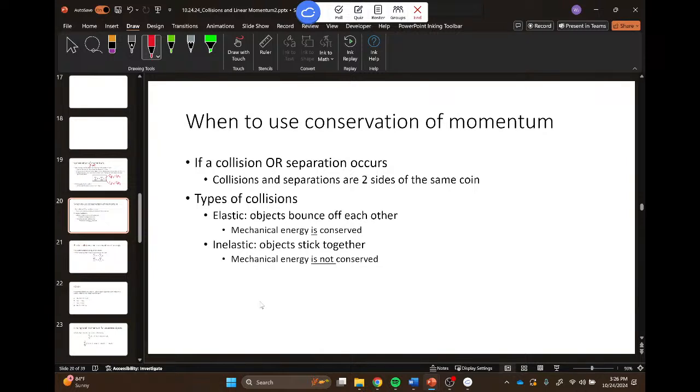Elastic is really just a special case. Elastic collisions are where they bounce off each other perfectly and all mechanical energy is conserved. All kinetic energy is conserved. Okay, that's an elastic collision. There is basically only one type of problem I can give you with elastic collisions, and it's always like pool billiard balls. Yeah, the game of pool, they're really hard, rigid objects.